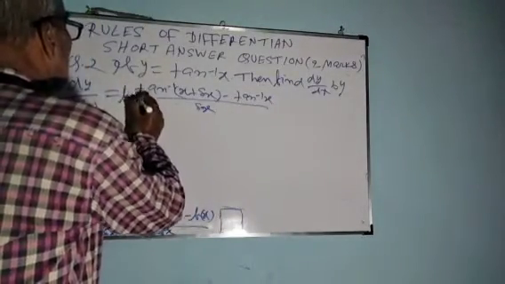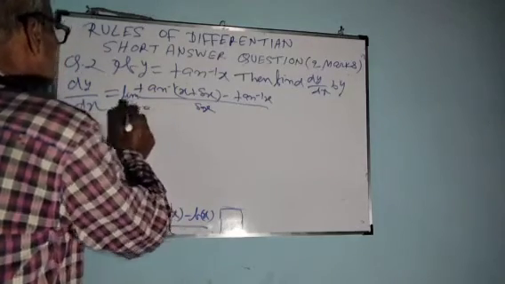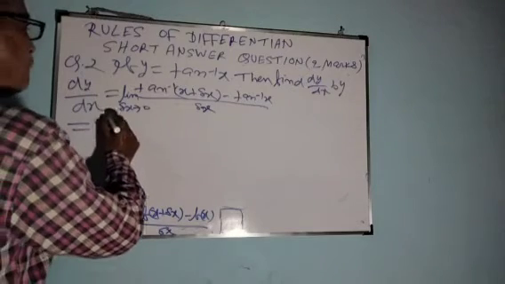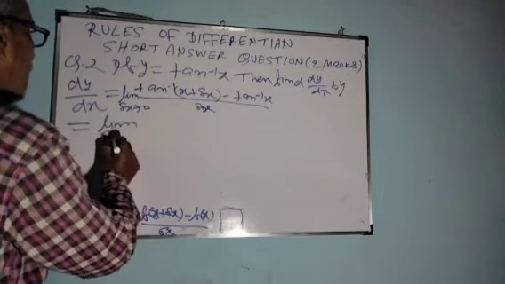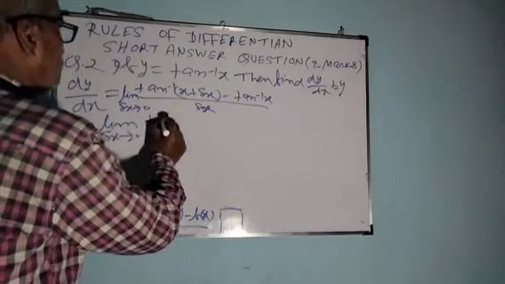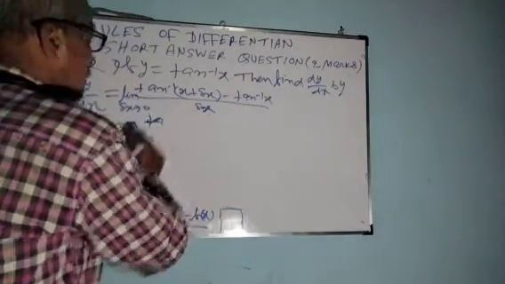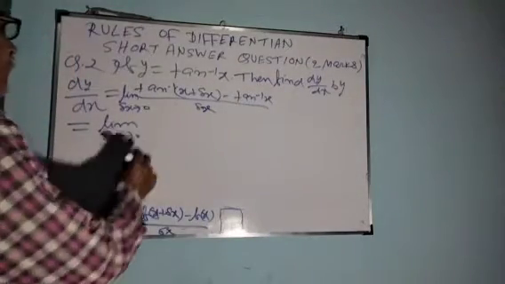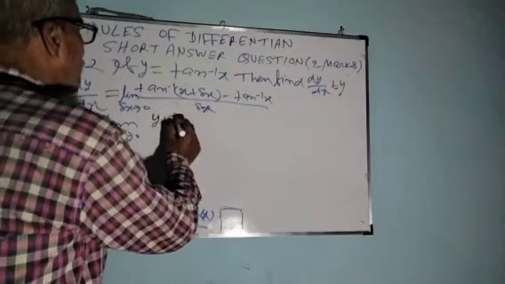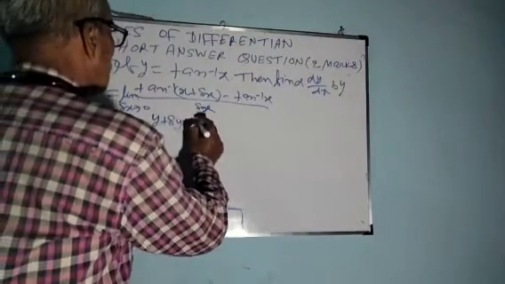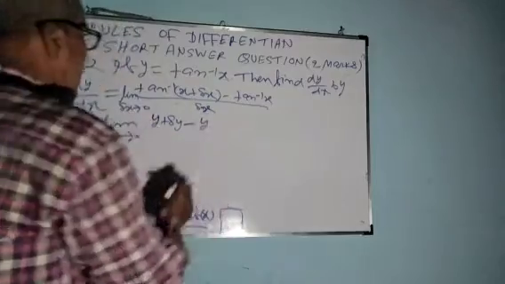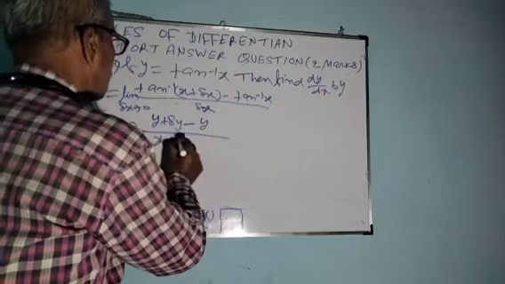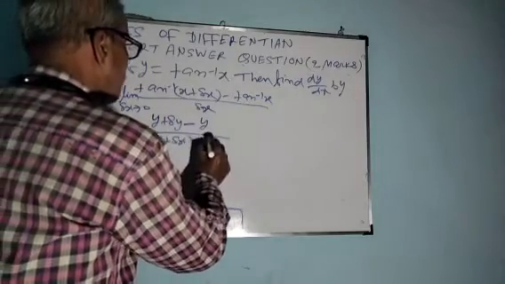This is equal to limit delta x tends to 0 of y plus delta y minus y, as I have written above, by x plus delta x minus x.